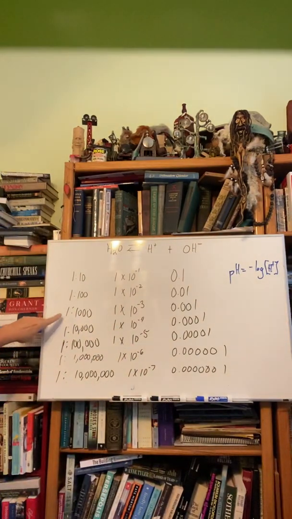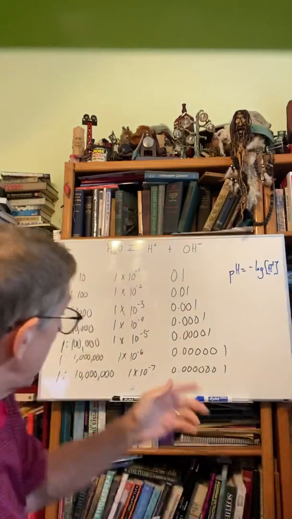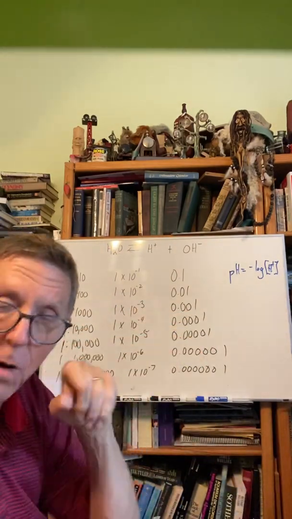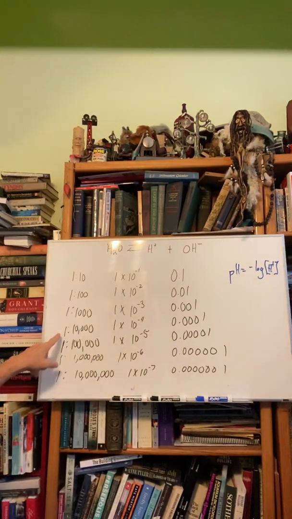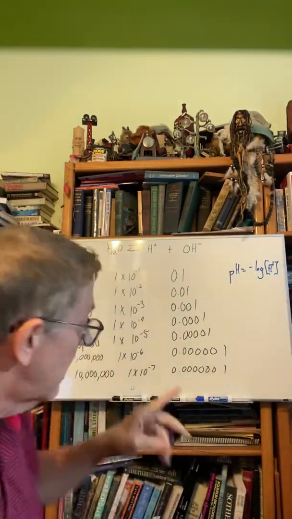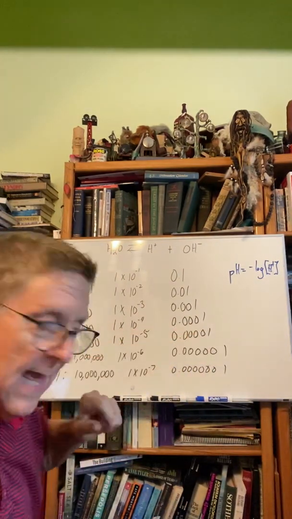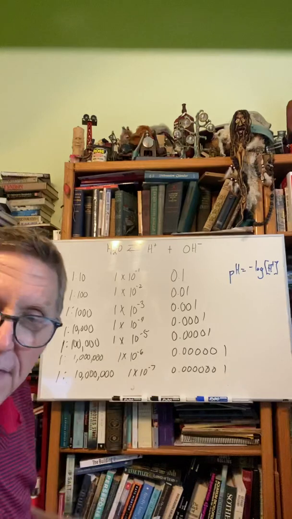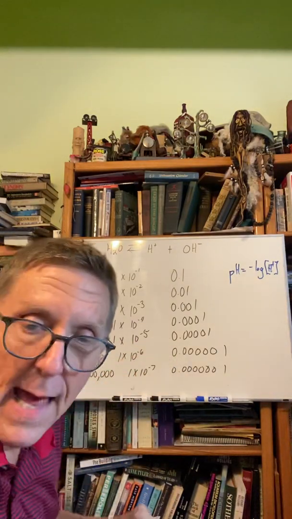What about 1 in 1,000? 1 times 10 to the negative 3, 0.001. Doesn't happen that often. 1 in 10,000, I think you're getting the idea here, right? 1 times 10 to the negative 4, and you could write it like that. As you're writing these, 1 times 10 to the negative 5, doesn't happen that often either.